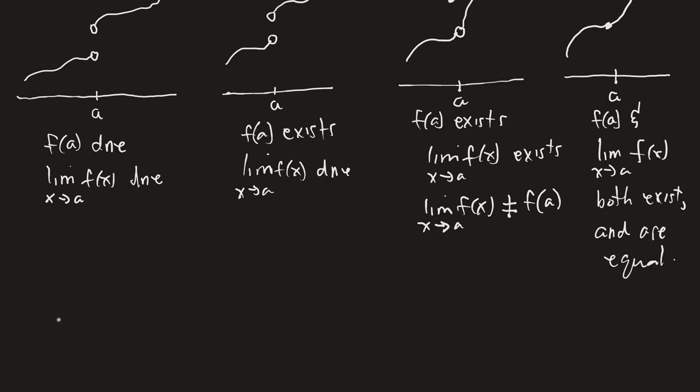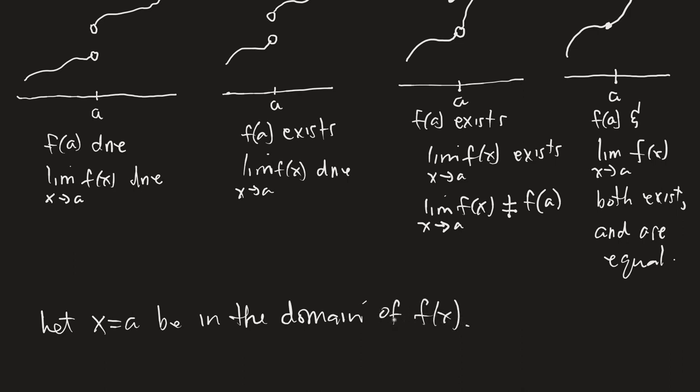Let x equal a be in the domain of f of x. Once I say that, it takes this possibility out of it, right? Because if a is in the domain, then f of a has to exist. So it rules that one out.